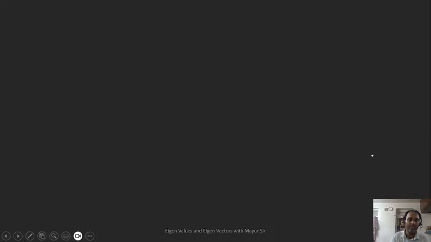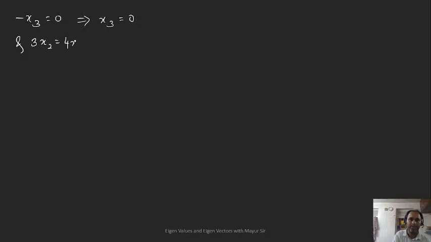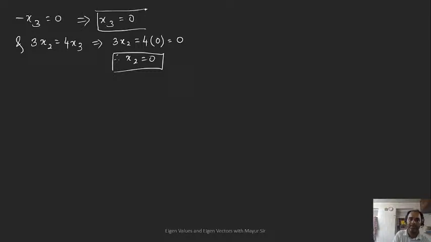Now what does this mean? Minus x3 equals 0 means that x3 is 0, right? And we have again a relationship that 3x2 equals 4x3, which further implies that 3x2 equals 4 times 0, which is 0. Therefore x2 is also 0. We get two straightforward answers here, that x3 is 0 and x2 is 0.